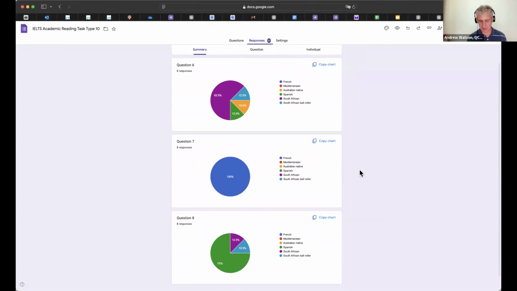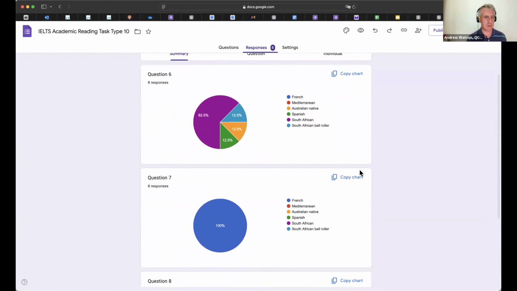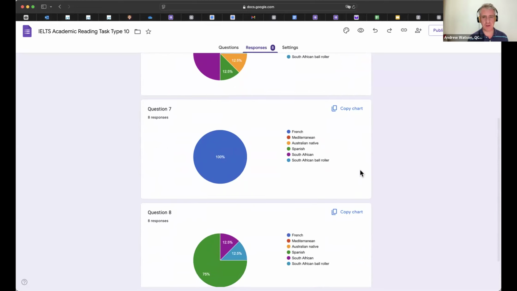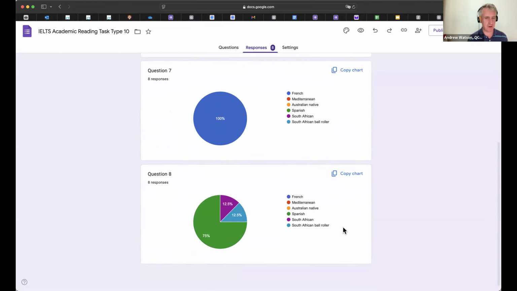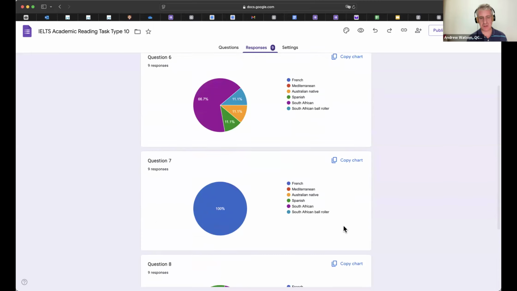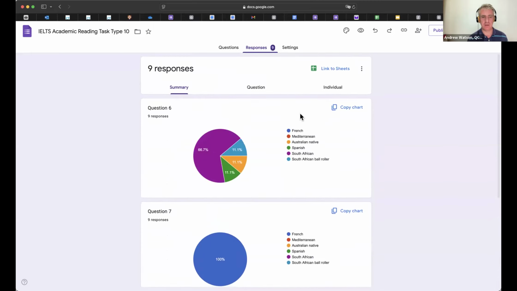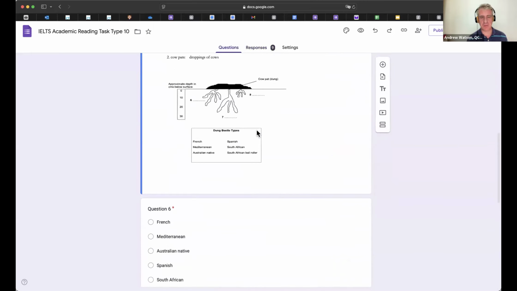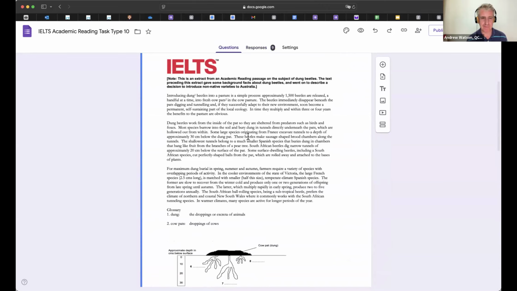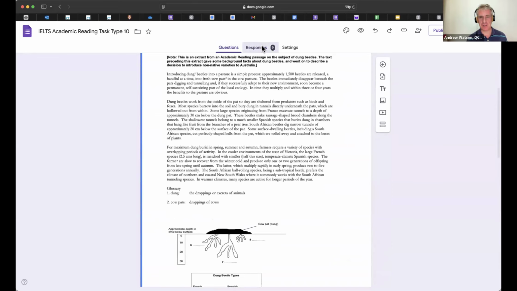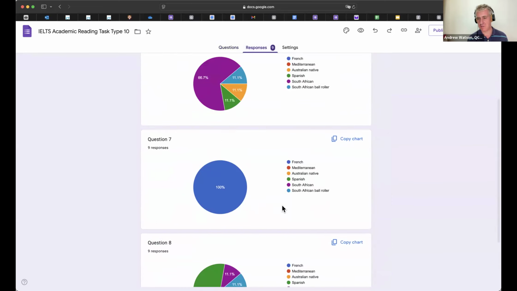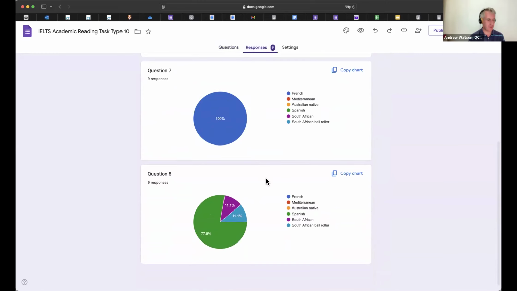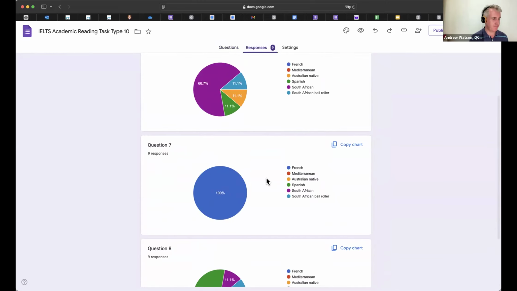Yes, 63% of us got it right. Question 7 was French. Yeah, 100%. 75% correctly identified that it was Spanish. So who digs the biggest tunnels, the deepest tunnels? It's definitely the French, right? They seem to have more experience at digging deep tunnels. Yeah, good.